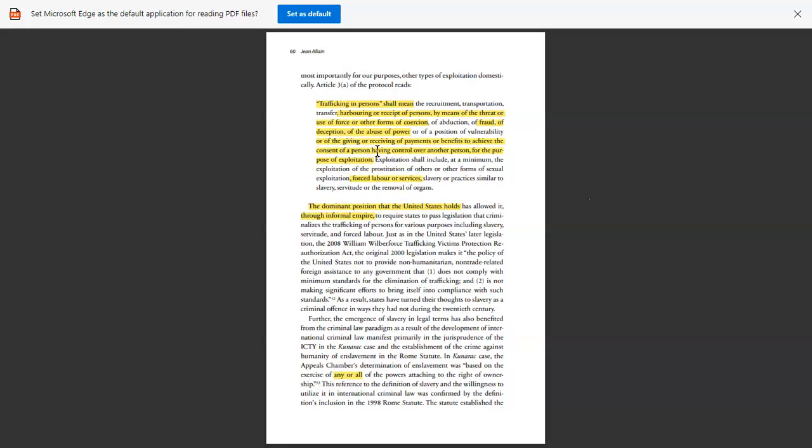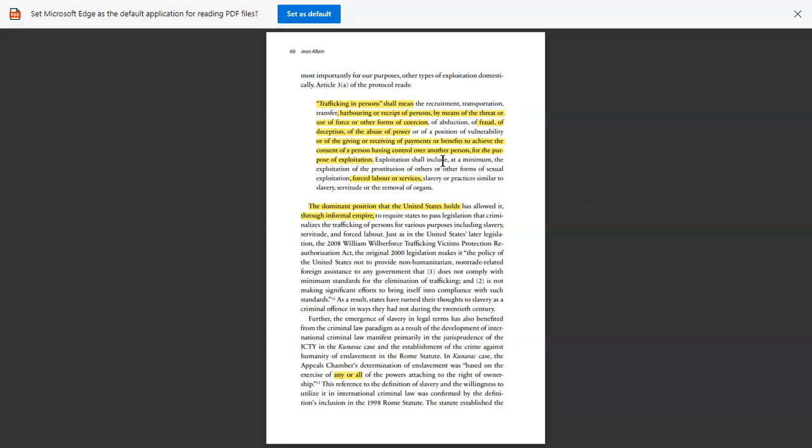But if they're using the consent of a person having control over another person for the purpose of exploitation. Exploit: when you're mining, you're exploiting a resource in order to gain those resources. And so exploitation is not always a bad thing, unless, of course, you don't have the right to mine there.